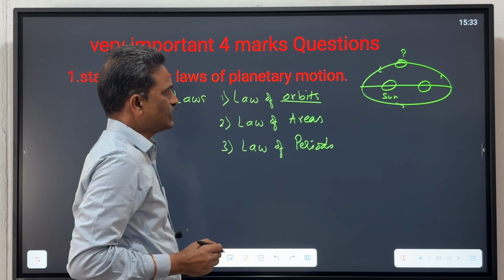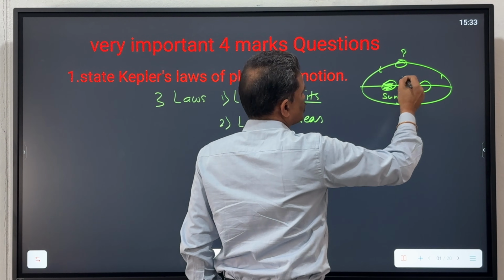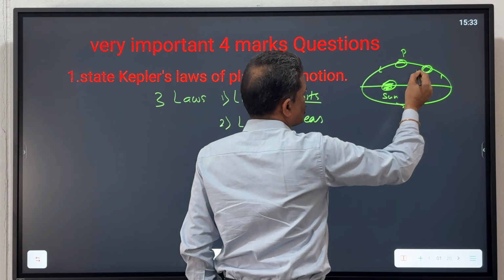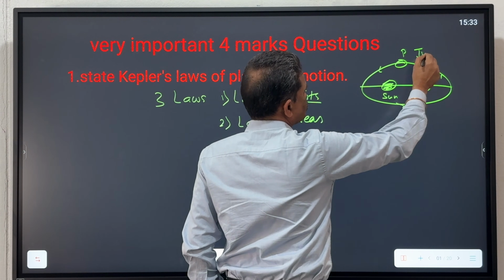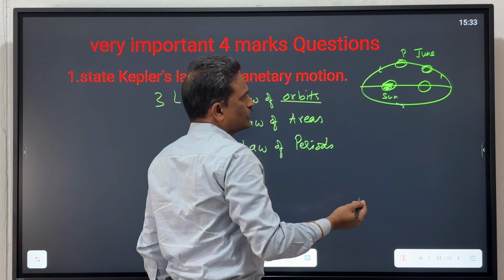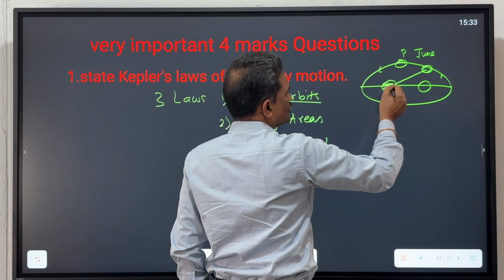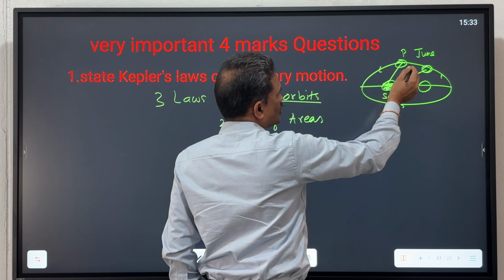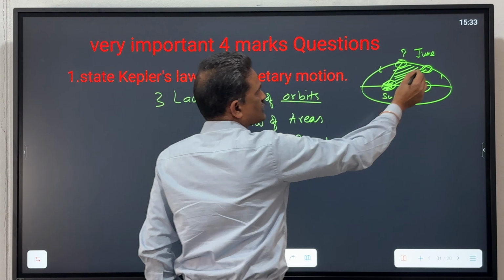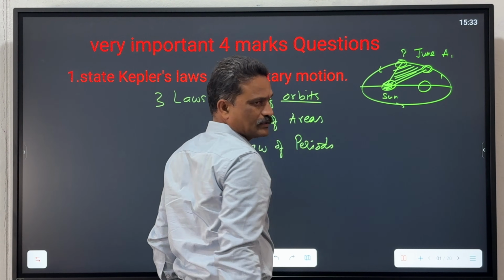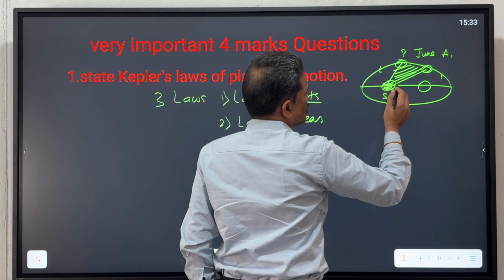Next, what do you mean by law of areas? In one month, let us say in the month of June, this planet moved from this place to this place. The area covered by this planet in the month of June is, let us say, A1. Take another month.